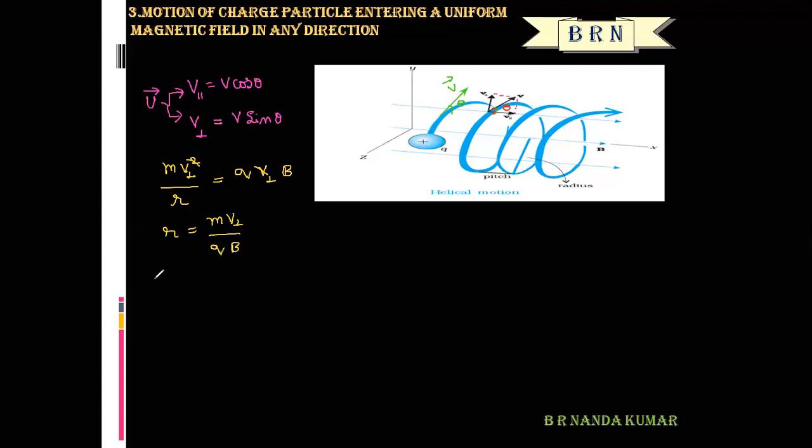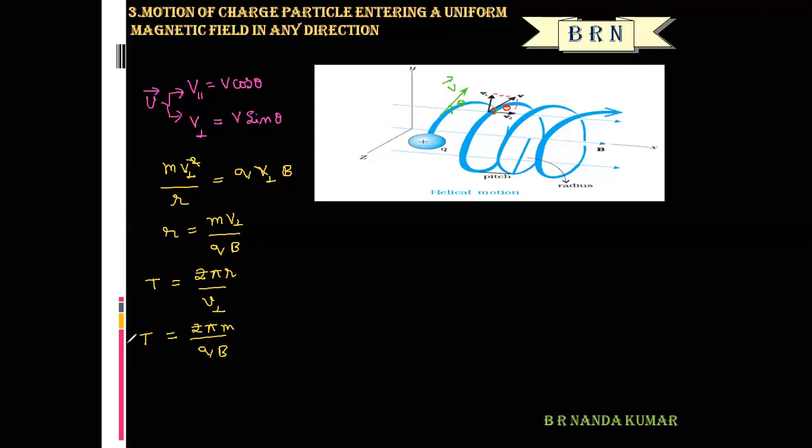The time period T is equal to 2 pi r divided by v perpendicular, so r divided by v perpendicular is m divided by qB, so T is 2 pi m divided by qB. So this is the time period of the charged particle to complete one rotation in the spiral path.